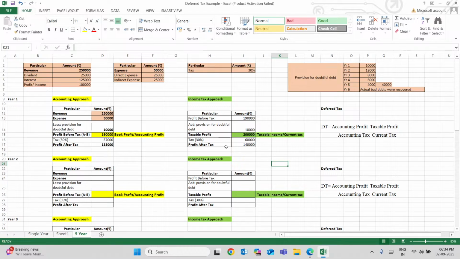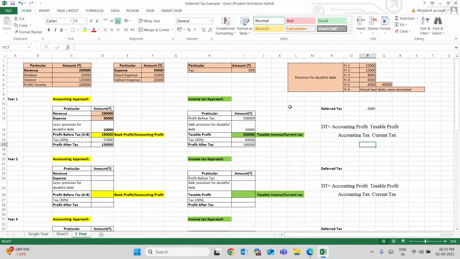here the accounting tax is less than the income tax. So what we are going to create here is the DTA. As you can see, if we minus it from this, we are going to get a negative value.